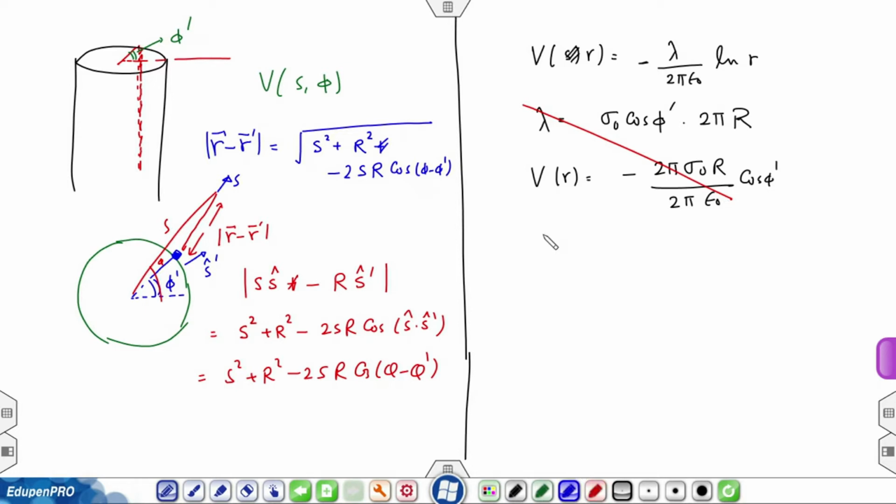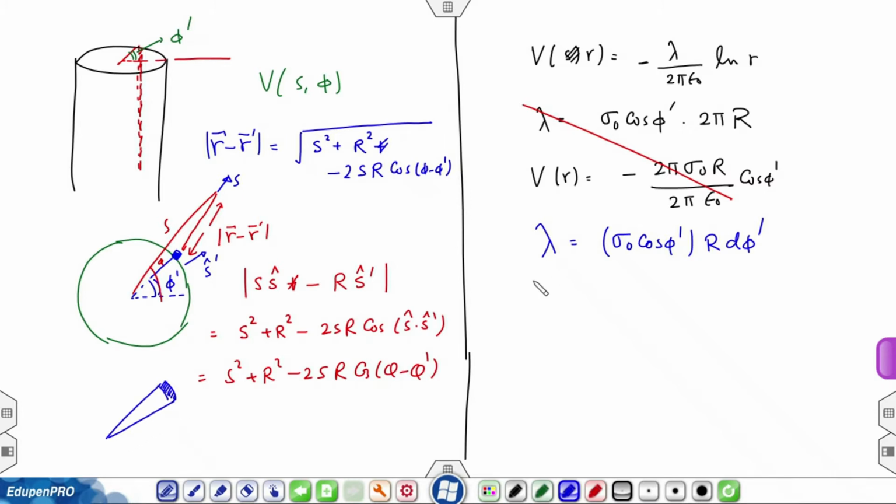So, my lambda is going to be sigma naught cosine of phi prime times r d phi prime, where r d phi prime is the width of this small strip that I have taken. Right.